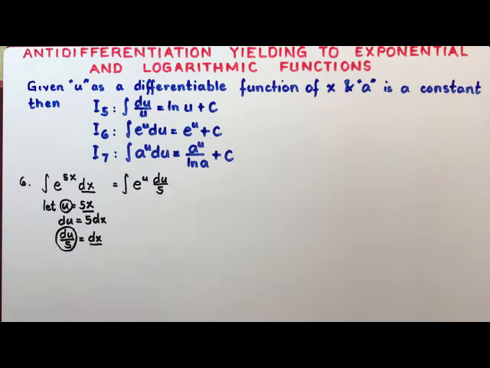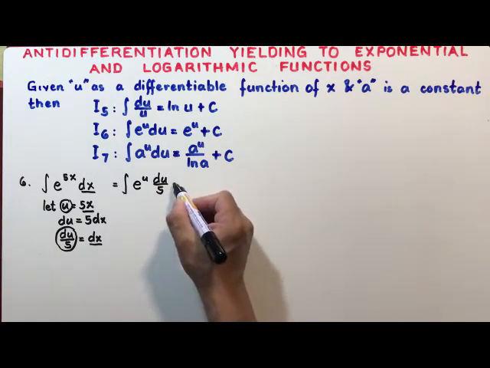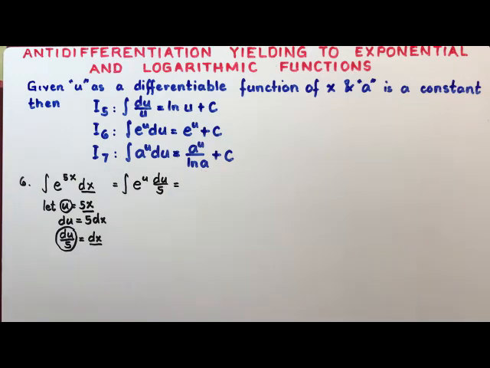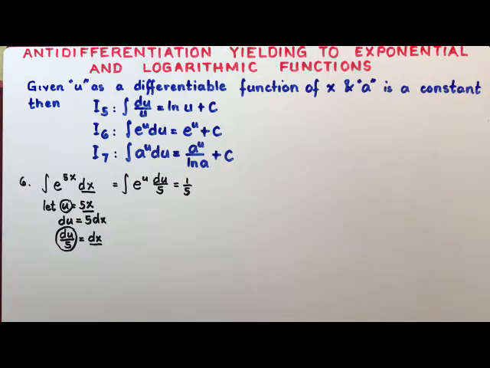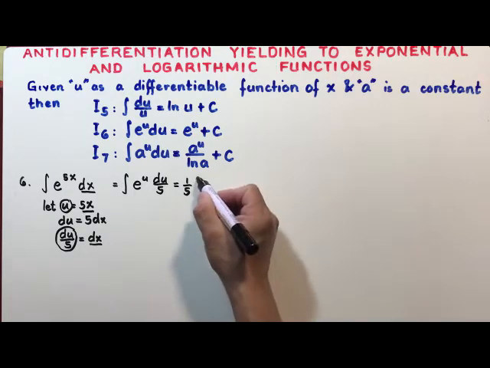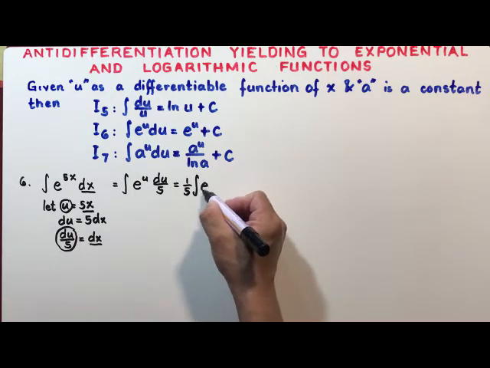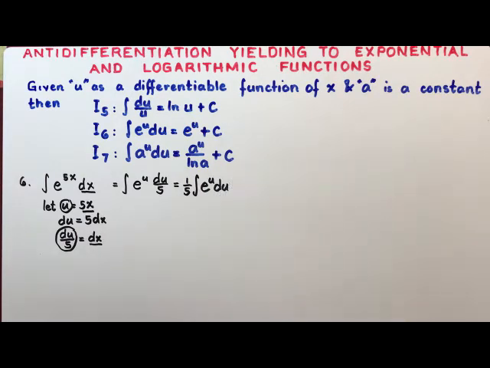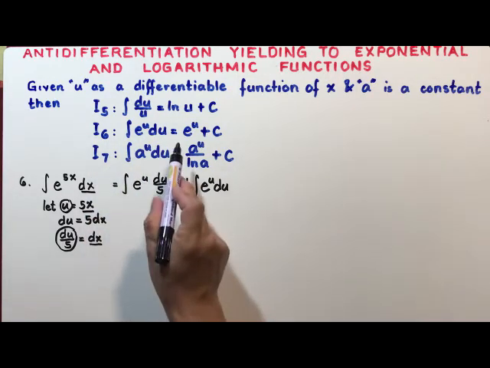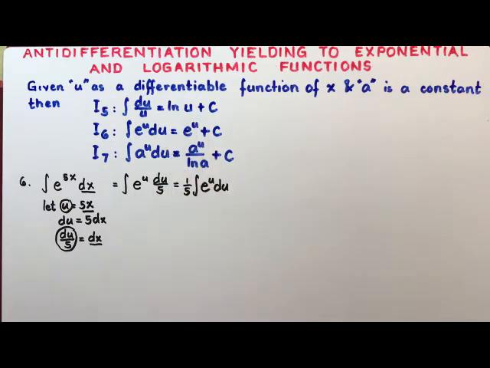Now you see that there is a constant of 5, but that's not a problem because I can factor out that constant 5 in the denominator as 1/5 outside by applying formula number 2 in the previous video. So this is 1/5 times the integral of e^u du. And you see, hooray, that we can apply formula number 6 at this time. This is equal to just e to the power u plus c.